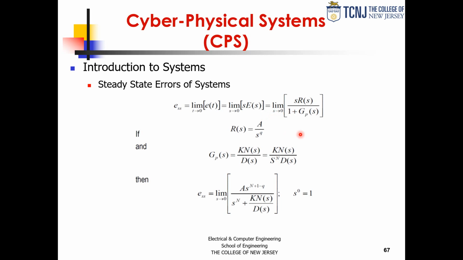And once we put that input into this expression over here, and if we recall that the open loop response can be decomposed as a rational polynomial of some constant k, and then that rational polynomial expression where I have a numerator on s and a number of poles at 0, denoted by s to the n, times a denominator polynomial in s.